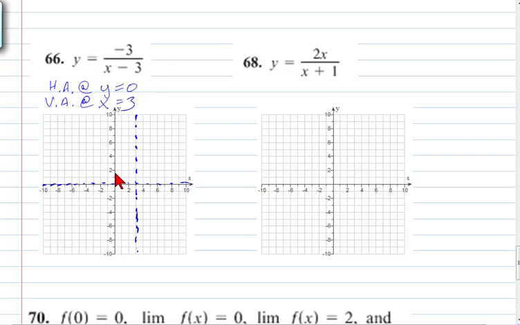I'll draw my graph in red. We have a y-intercept at 0, 1.